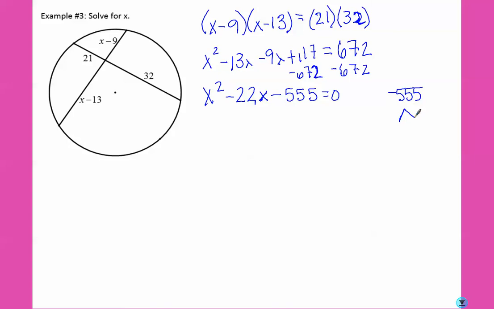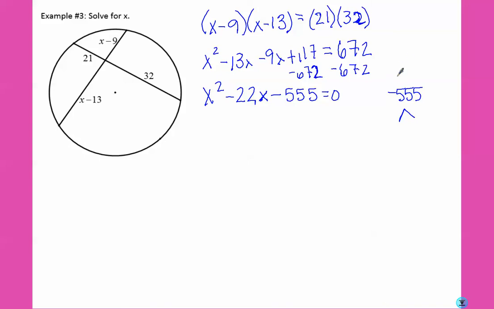We need factors of that. Well, we know it's divisible by 5, but that's 111. So let's try dividing it by 25. Nope. What if we try 15? Because if it ends in a 5, it'll be divisible by something that ends in a 5.